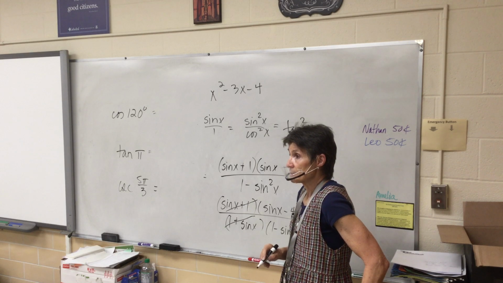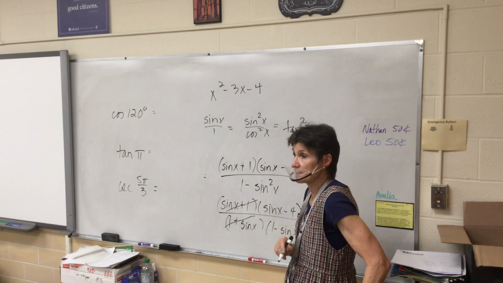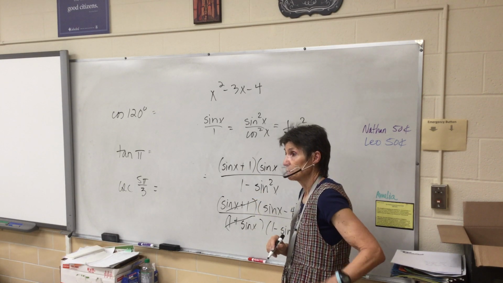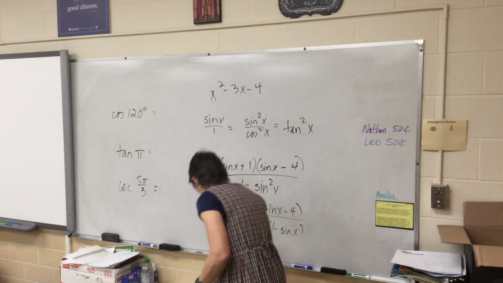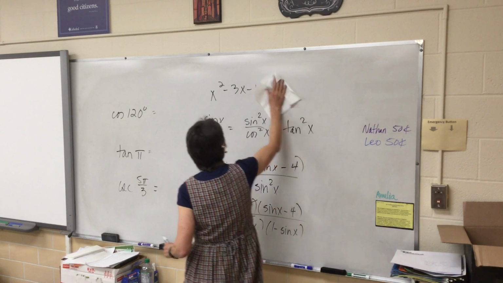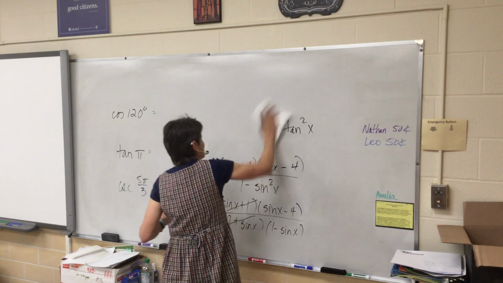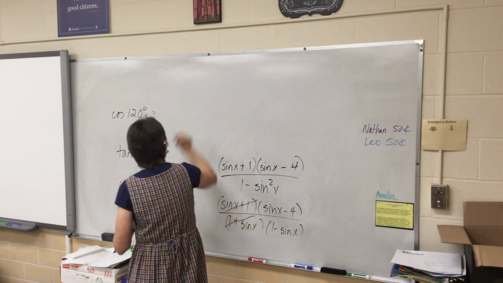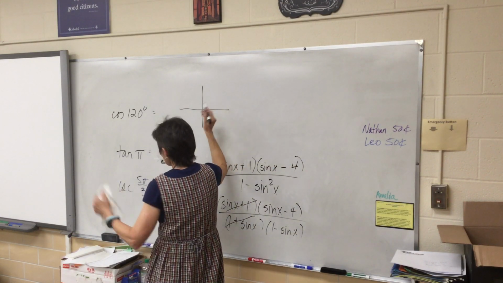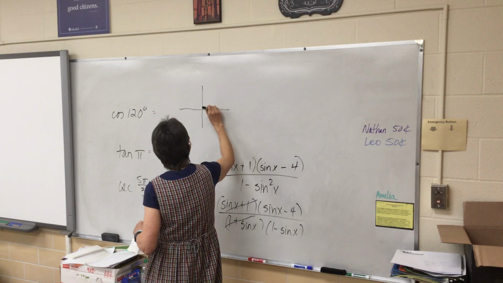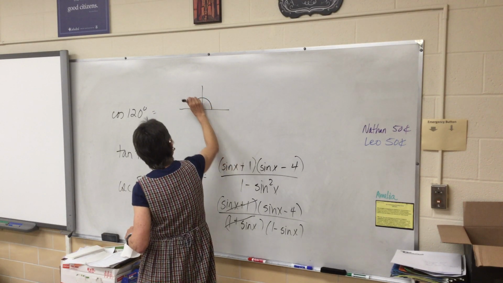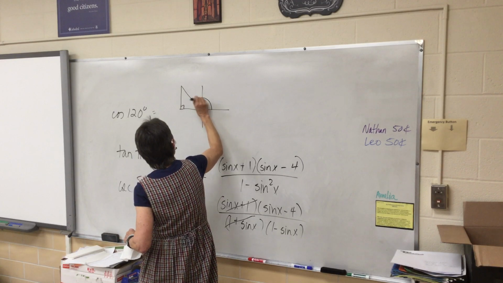All right, so you remember what to do? Let's start with the cosine of 120. What do I do? I would draw a triangle, that's right, I would draw a picture. And when I draw my picture, I have to remember some basics about trigonometry. I start here, go this way, so there's 120 right there.